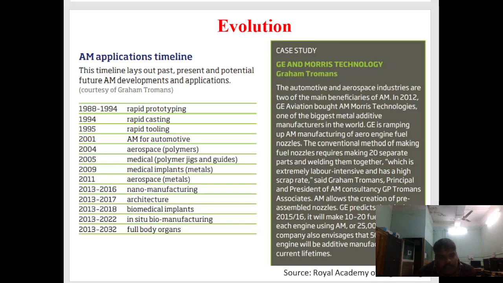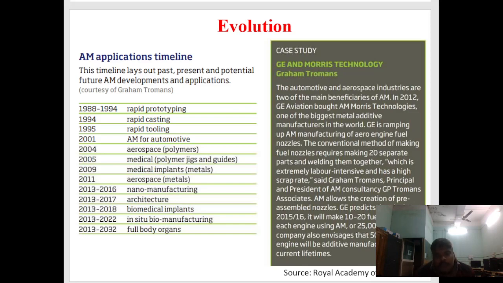In 2005, medical polymer jigs and guides. 2009 medical implant metal, in 2011 aerospace metal, in 2013 to 2016 nano manufacturing, in 2013 to 2017 architecture, from 2013 to 2018 biomedical implant, 2013 to 2022 in situ biomanufacturing, 2013 to 2032 full body organs. These are the history behind the development of components manufactured by using the additive manufacturing technology.